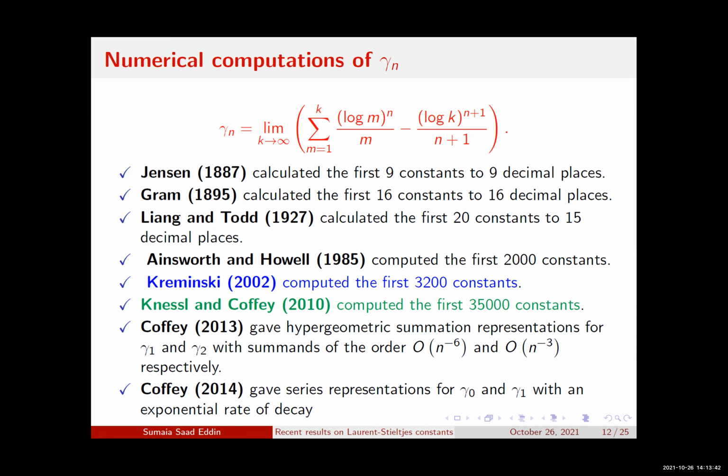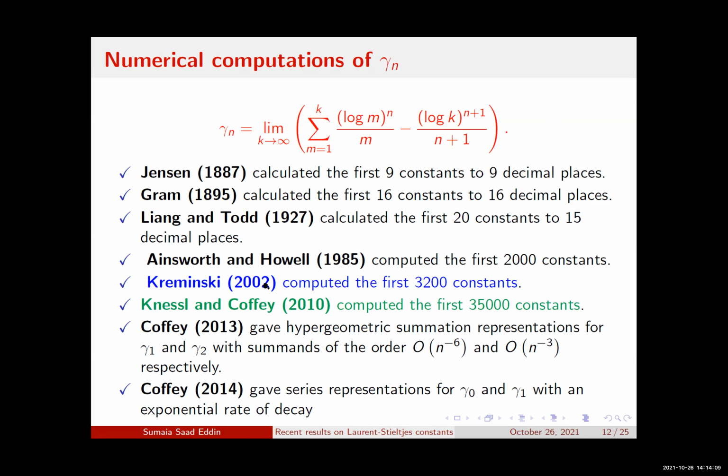But I should say that at the moment, the values of gamma n are not known precisely, and each author gives a different value of gamma n. Although these values are close, they are still different. So the idea is to compute a large number of digits of gamma n for larger values of n.